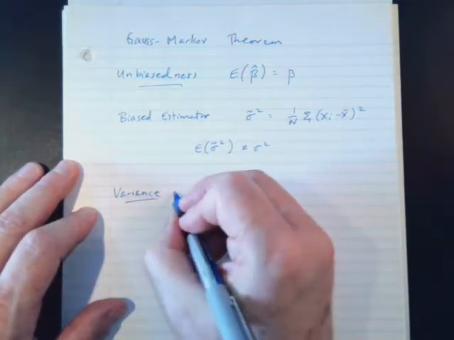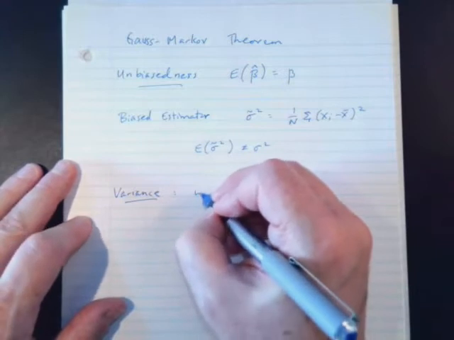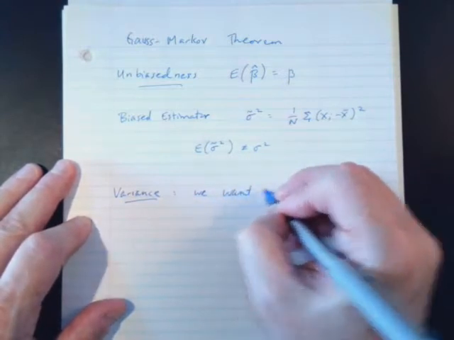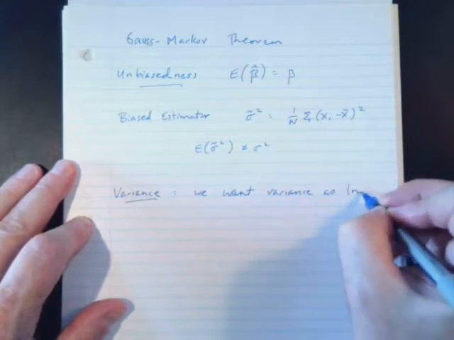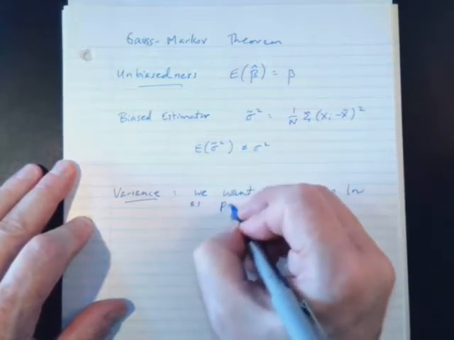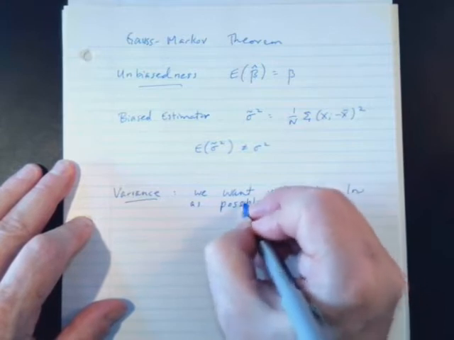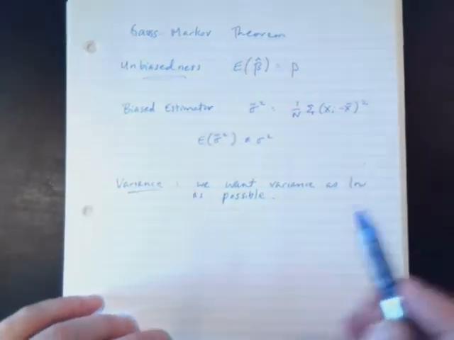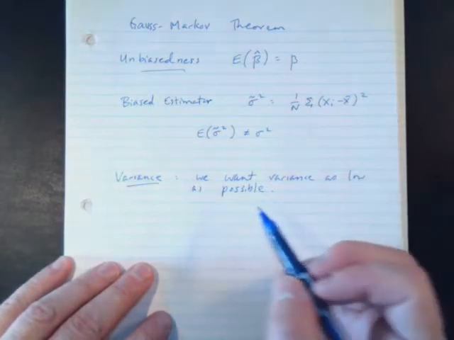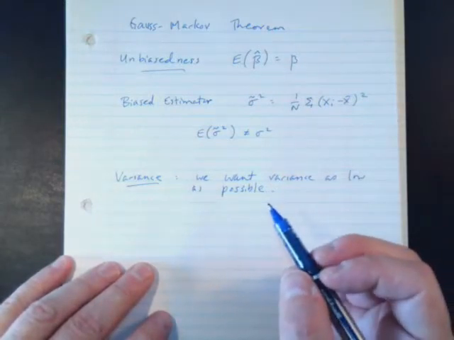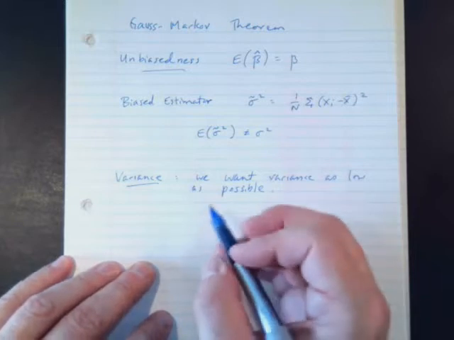Now with the variance, we want it to be as low as possible. Well, we could get an estimator with a variance of 0.